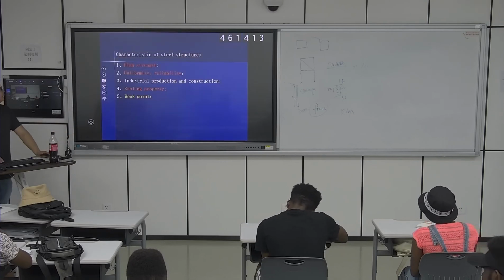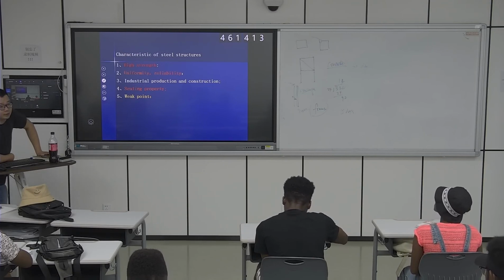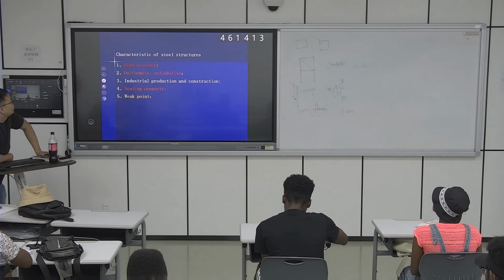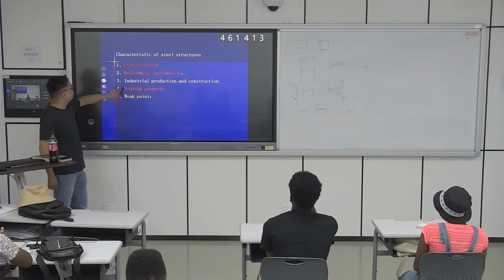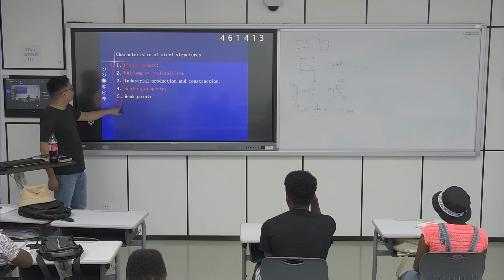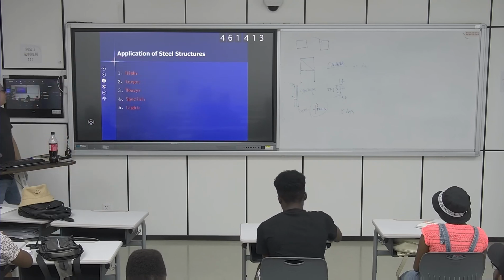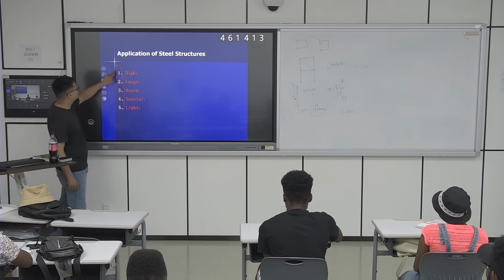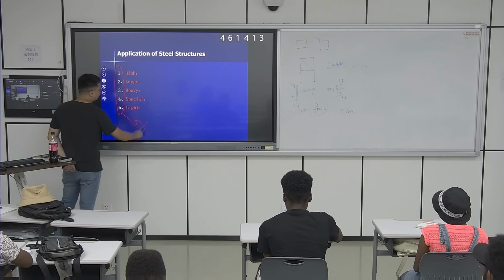Okay. So right now you can understand the high strength, uniformity, reliability, industrial. For the behavior of the steel structure, I suggest you understand these 4.5 points, and also the building 5 points.